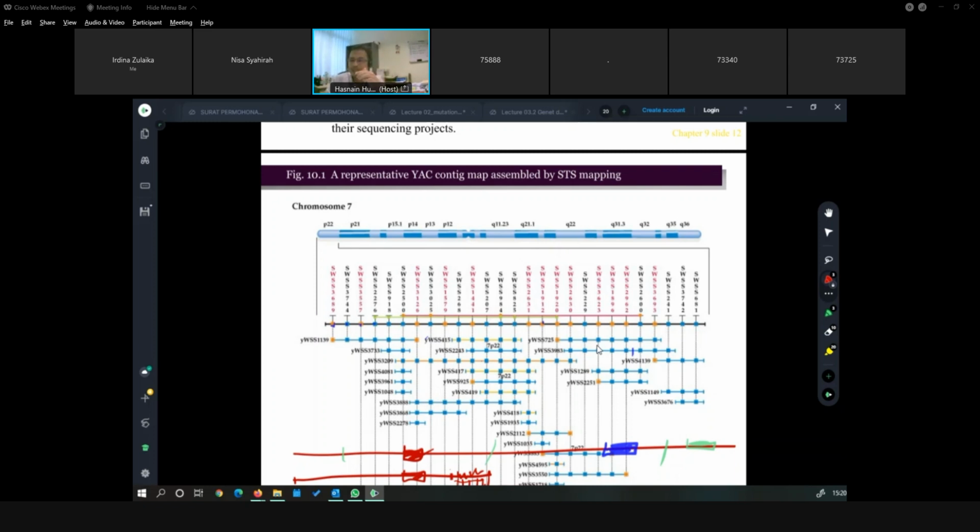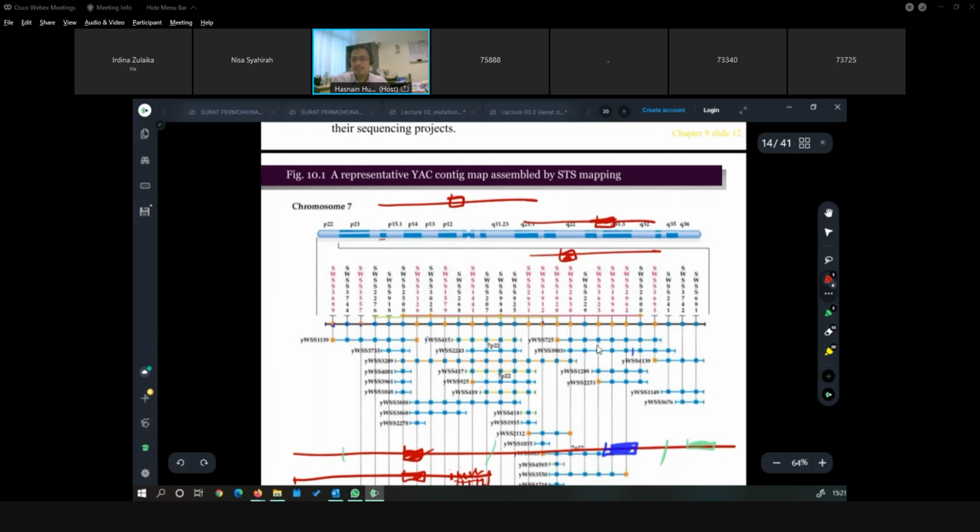So when that happen, then you are unable to determine which fragment is which. For example, I have three different chromosomes, but all of them have the same marker.